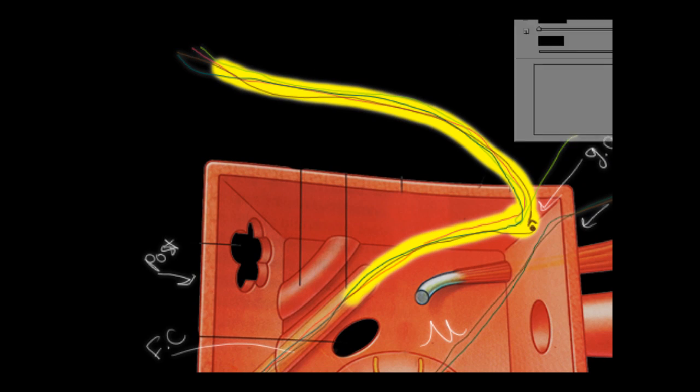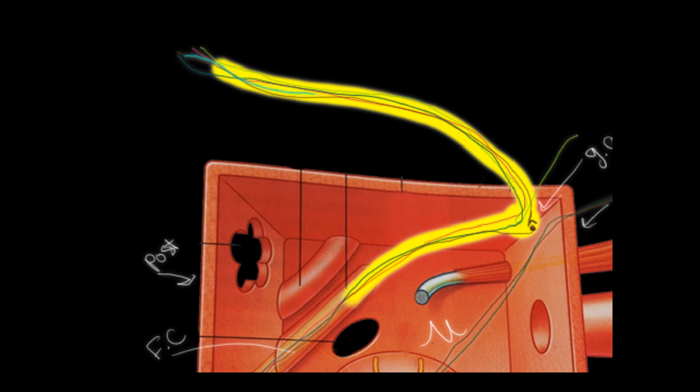I hope you see it, but I'm gonna make it a little bit bigger so you can see it. So this is the trigeminal. Yes, it also synapses in the geniculate ganglion. This is called the central part from it. This is central. And here is the peripheral.